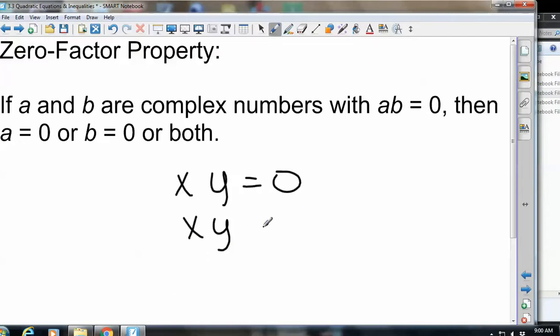But if I said x times y equals 4, do one of those numbers have to equal 4? No, it could, but they could both be 2. They could be 1/4 and 16. So it only works if it's equal to 0. So that'll be the key thing with any quadratic. The first step will be to set it equal to 0, and then we'll solve from there. So let's look at a problem.